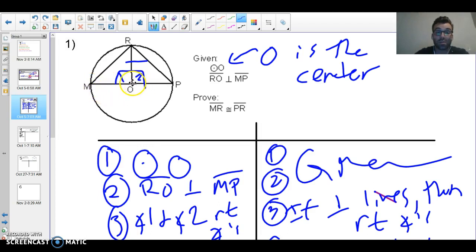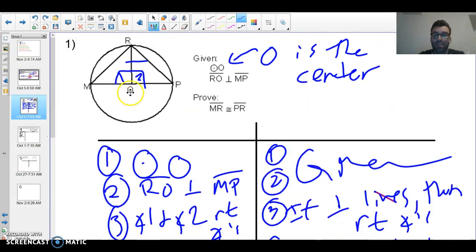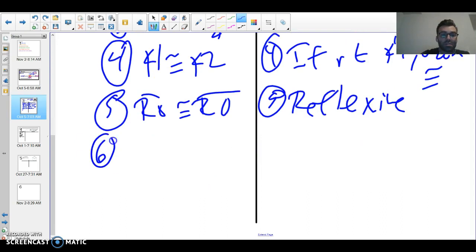So OM and OP are both radii. Technically so is OR, but since we already used the reflexive property with that, we don't have to include it. So since OM and OP are radii, they are congruent. So I'm going to say that OM is congruent to OP.